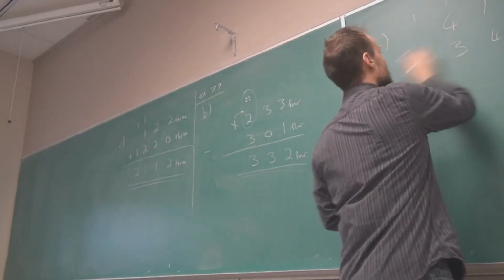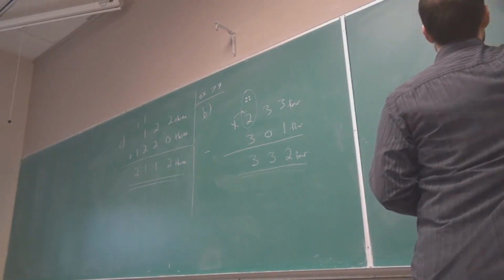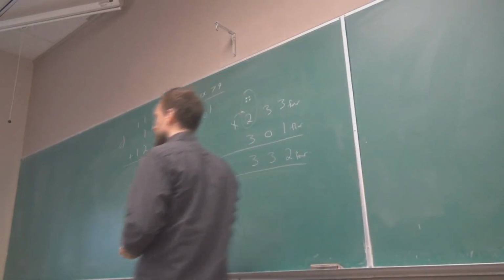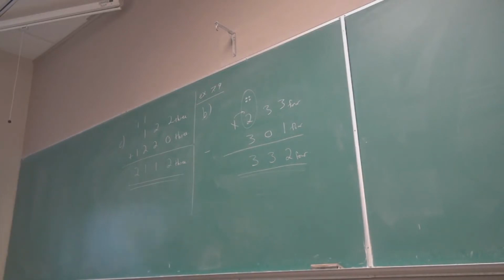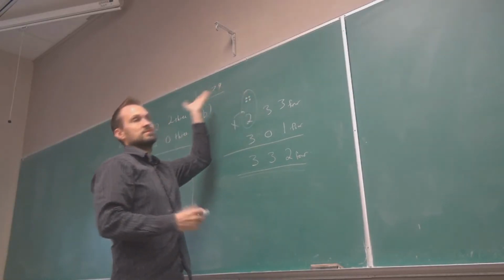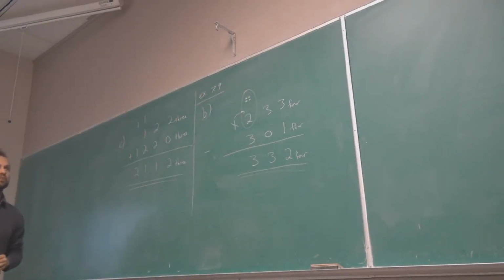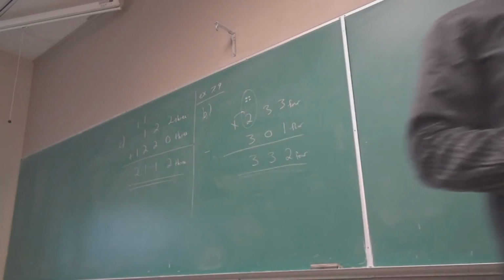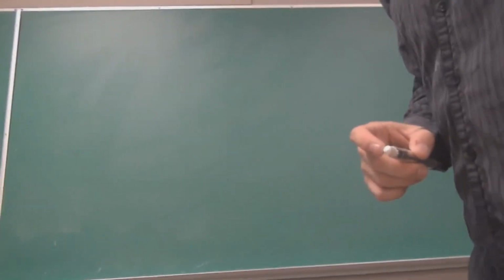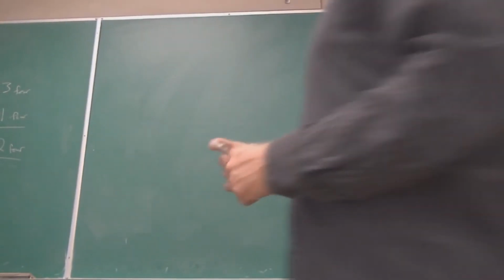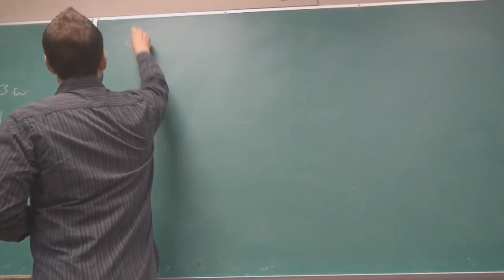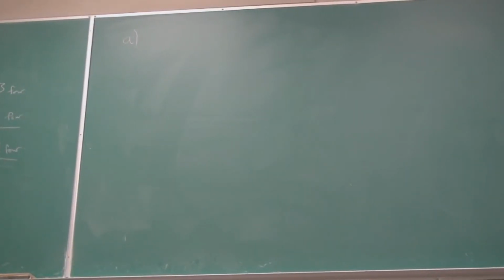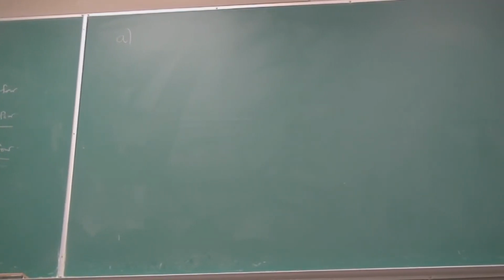I'm only interested really in 2 things, which is the answer and that you didn't convert out of that base value system. How you represent these, as long as you don't have weird symbols or digits that aren't allowed, really doesn't matter to me. It's just there to keep track of, so you don't have to do it in your head. Now let's do A, which I think is a little more difficult in the borrowing aspect.